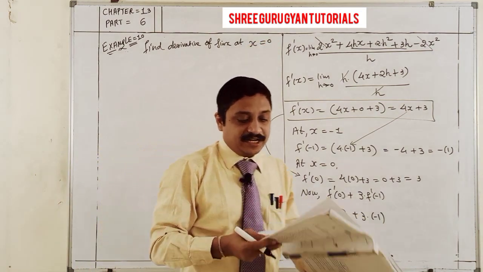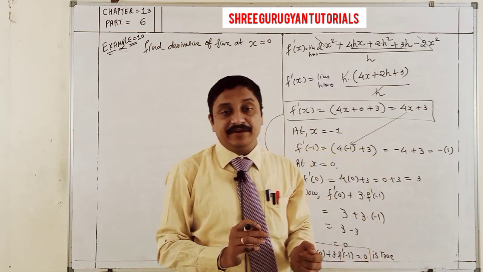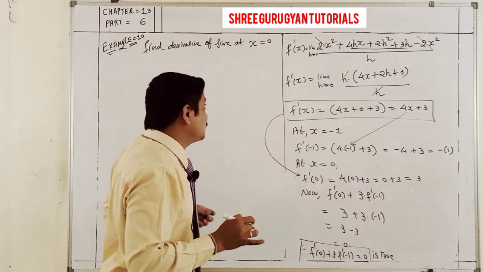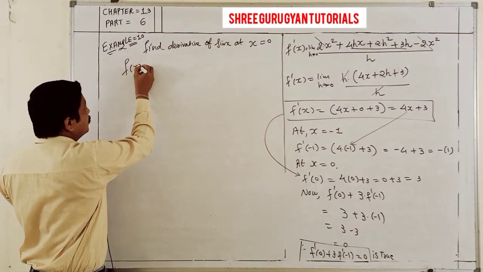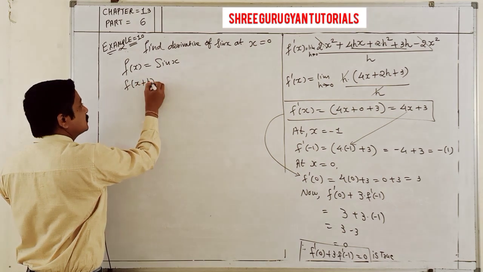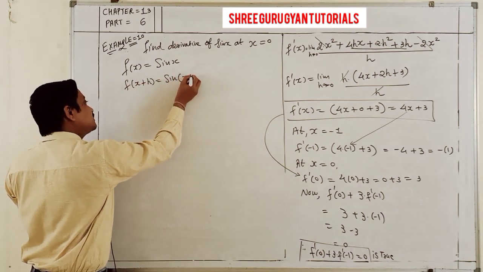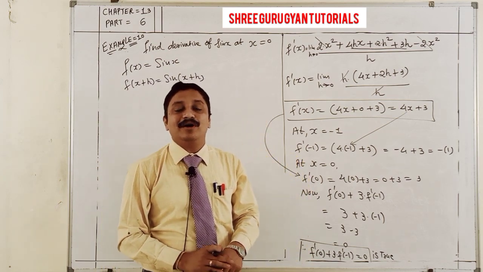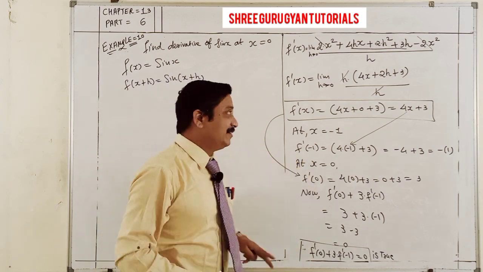You know, students, the derivative of sin you already know: the derivative of sin x is cos x. But I will prove it here using the definition. So f(x) is sin x, and f(x + h) is sin(x + h). Now go to the simple form of our definition of the derivative.